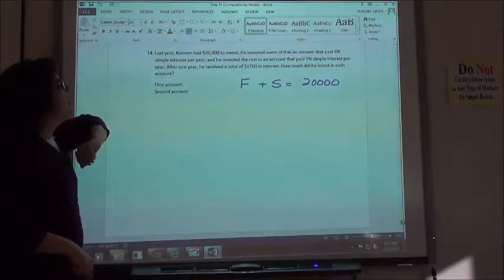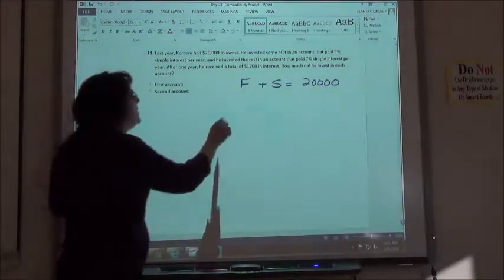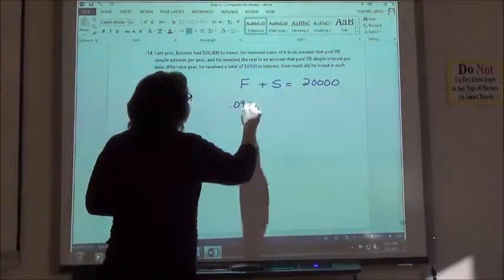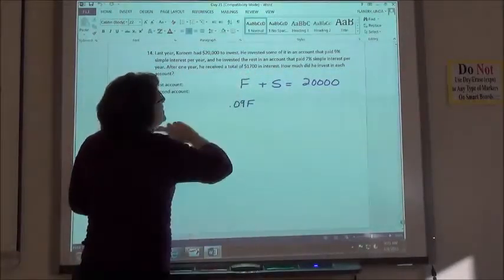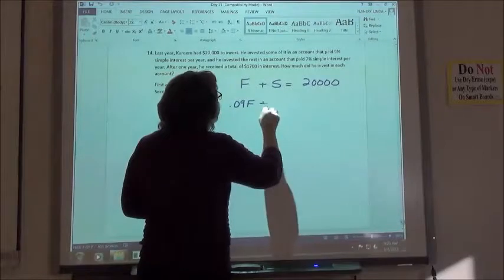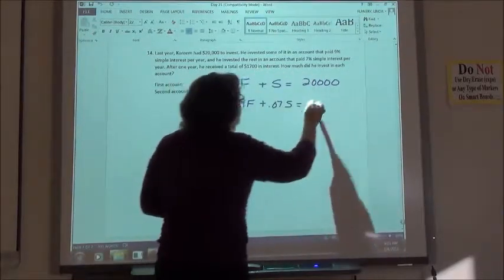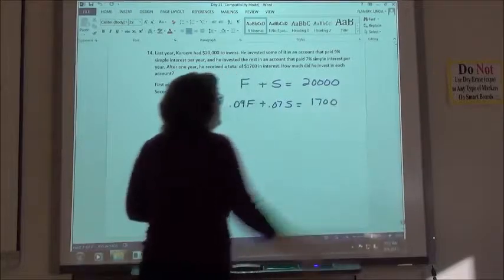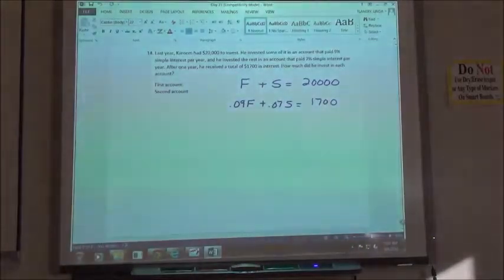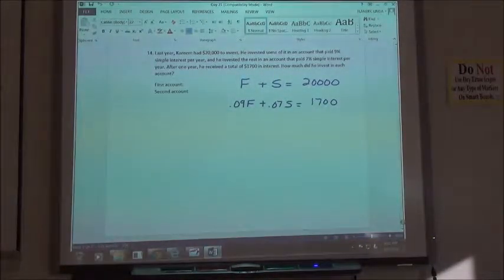He invested some of it in an account that pays 9%, so 9% on the first. The rest in an account that paid 7%, so 0.07 in the second. And he had a total of $1,700 for interest that he received for the year.